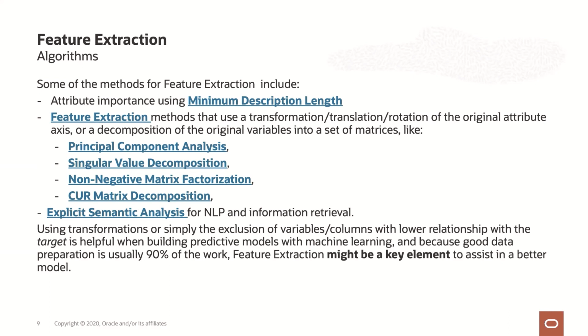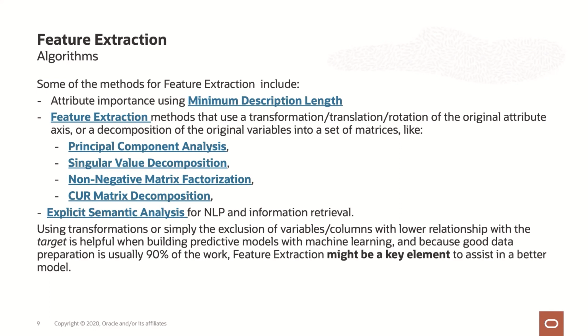Those are things that have some similarity in terms of their approach of trying to decompose the original data into separate sets of matrices. But also the one that's used for NLP, for a lot of text mining, is explicit semantic analysis. So we're going to look more into details of ESA in our 102 session in January.